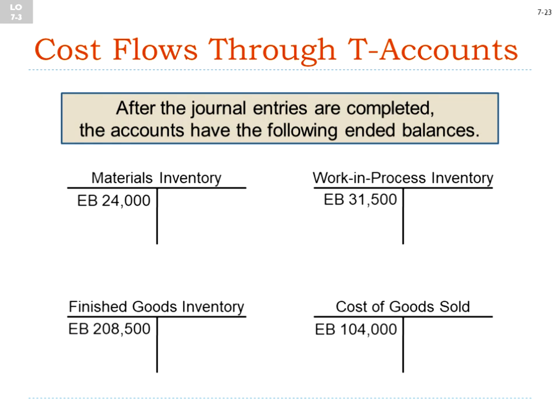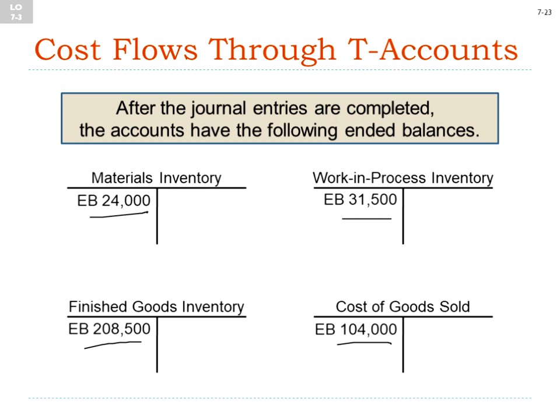And then after you complete the entries, you're going to put them in the T accounts. Materials inventory has an ending balance, a debit balance of $24,000. Work in process has an ending balance, debit balance of $31,500. Finished goods is $208,500, and cost of goods sold is $104,000.